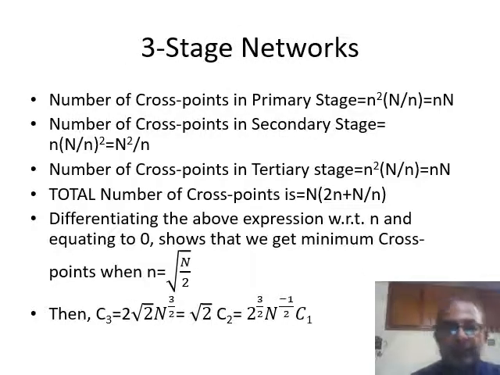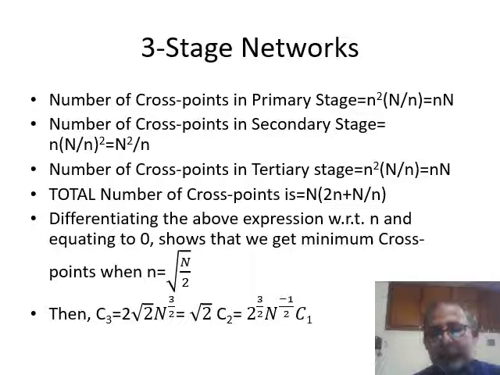Number of cross points in the primary switch would be n square into capital N over n. What is capital N over n? It is the number of primary switches, and we have to multiply it with the number of cross points per primary switch. What would it be?